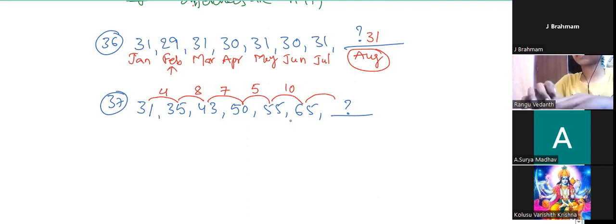Sir, one minute. Sir, if you see, 4 into 2 is 8, and 5 into 2 is 10, but that is not continuing. Even 8, 7 and 5 decrement, but that is not there earlier.